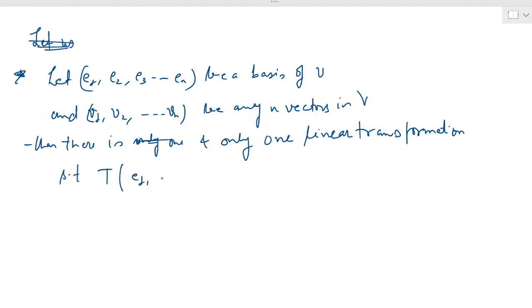So always remember, if you have a basis in U and there are n vectors here, then there is one and only one transformation that relates the basis to the vectors.